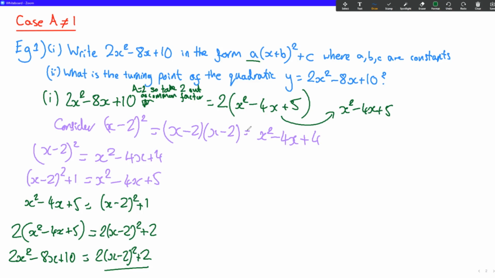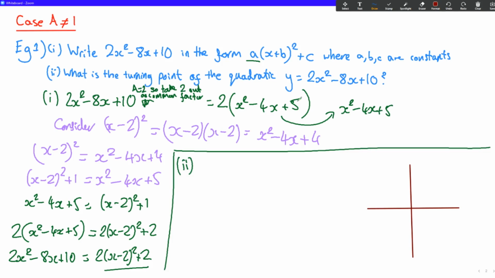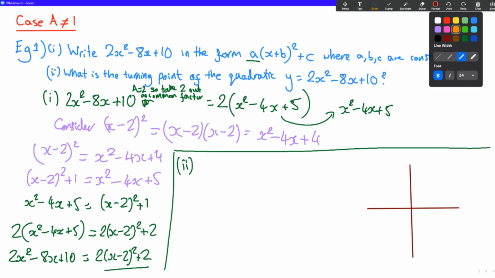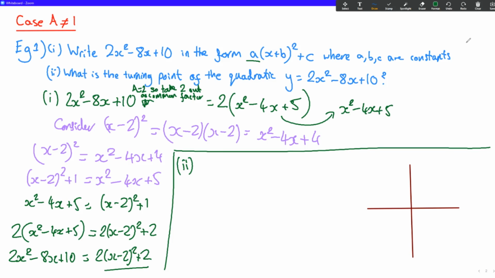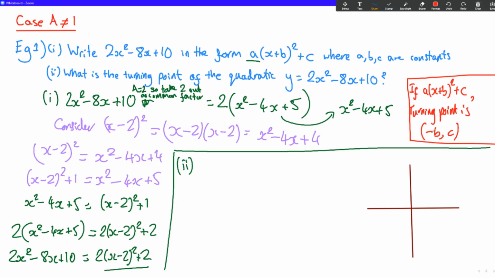Now it says, what is the turning point of the quadratic? So I am going to sketch it as well. Now last time we learned how to find the turning point, but there's actually a way you can find it using the completing the square method. So if you have a(x plus b) squared plus c, the turning point is minus b, c.